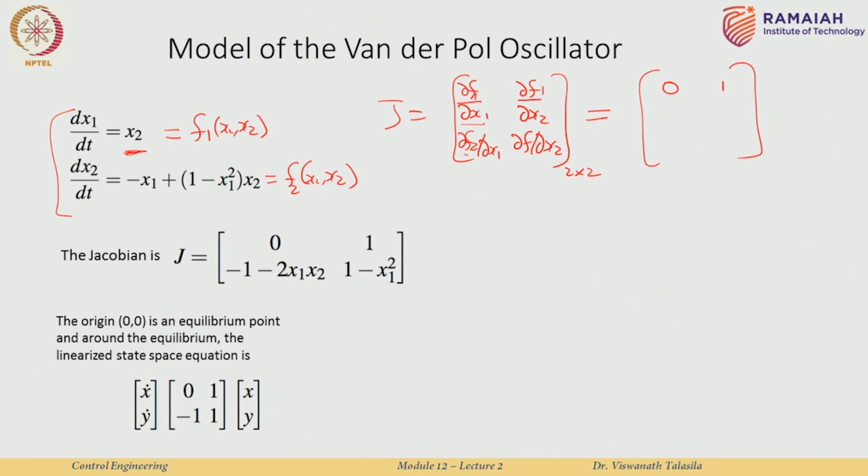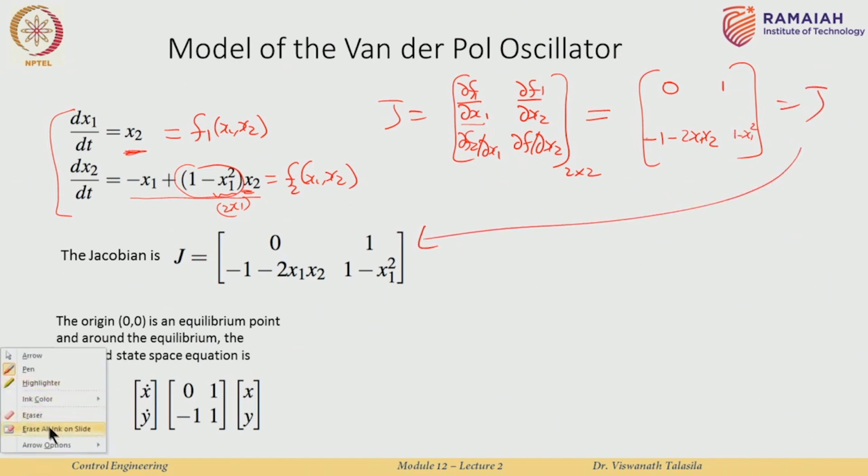Similarly, when you take the partial derivative of f2 with respect to x1, you would get minus 1 minus 2 x1 times x2, because you take the derivative of this, which is basically 2 x1, then you have the negative sign. And finally, when you take it with respect to x2, this term comes out and you get 1 minus x1 square. So, this is my Jacobian, which we also have over here.